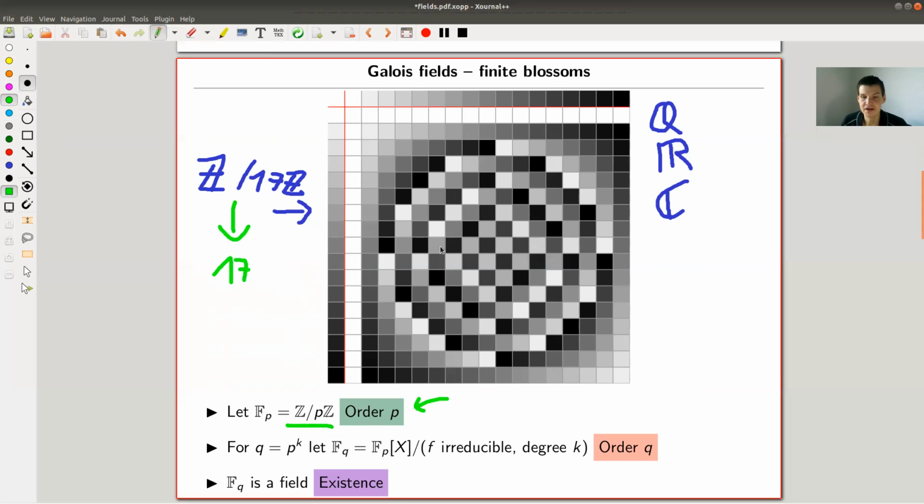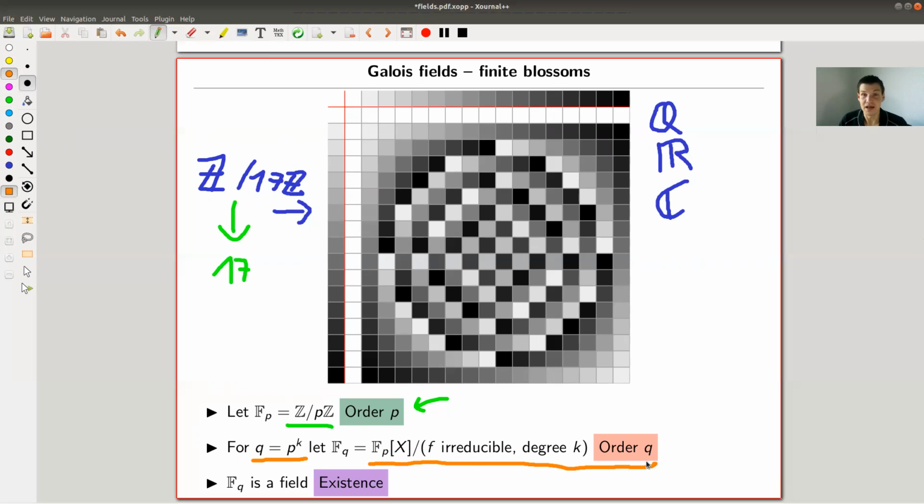Okay, here's the picture. What you can do then is take some prime power, you call it q, and you take the polynomial ring, and you make sure that you have an irreducible polynomial of the degree. So q is p to the k, and you have an irreducible polynomial of that degree. You take the polynomial ring modulo that irreducible polynomial.